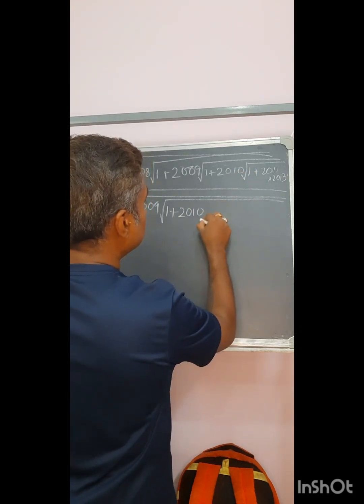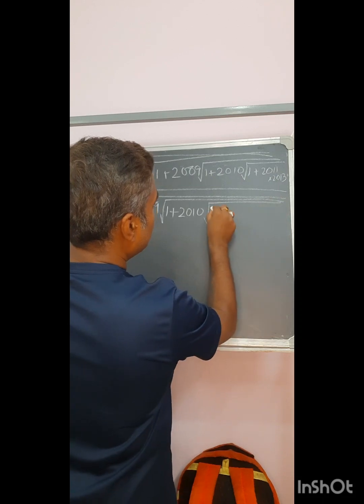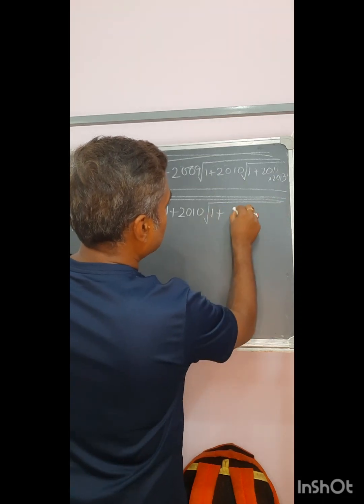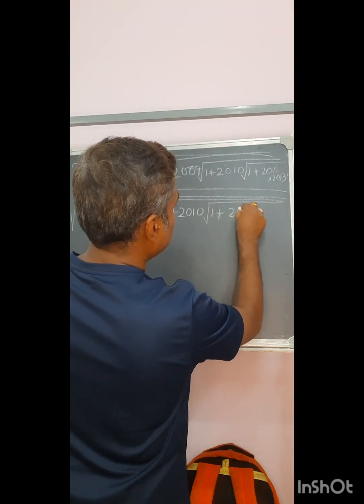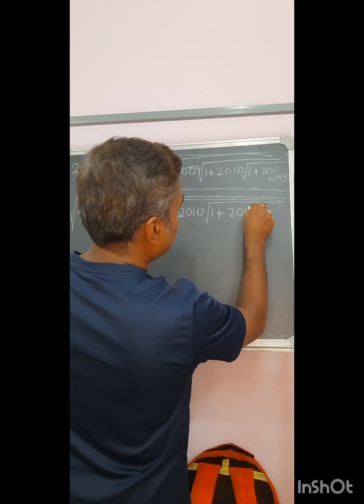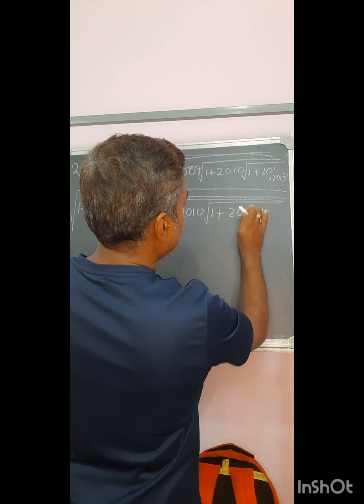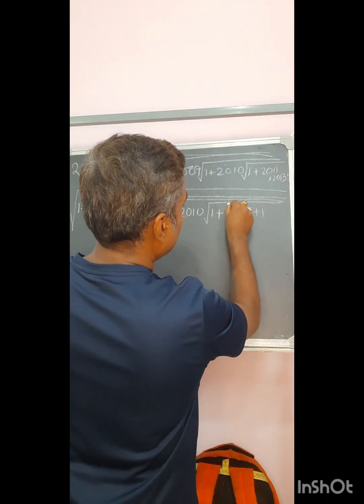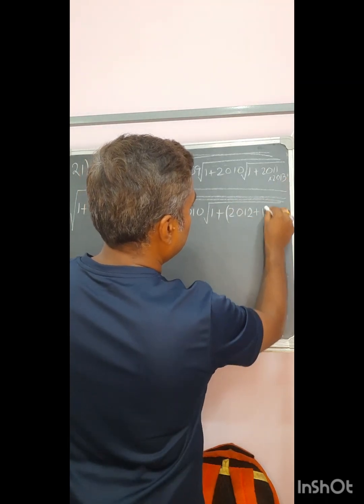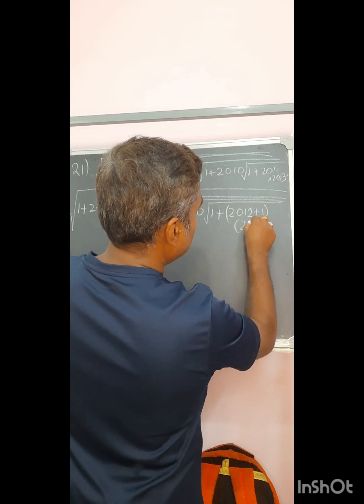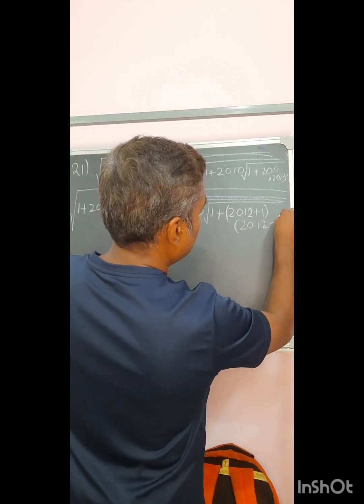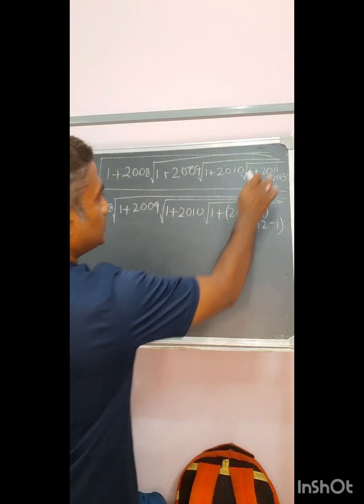So if I write it like that, 2010 plus 1, I will take the average. 2012 plus 1 is 2013, and 2012 minus 1 gives you 2011.